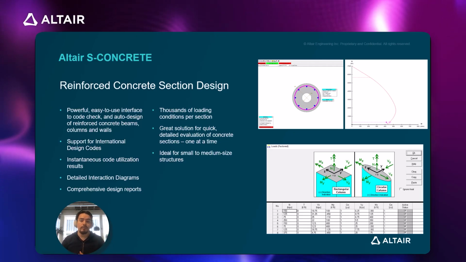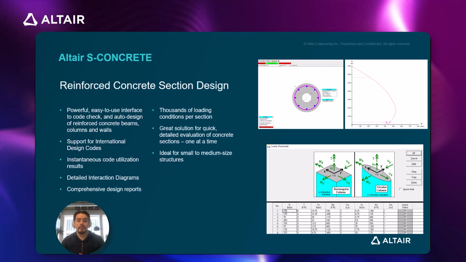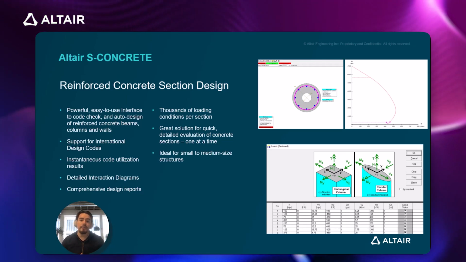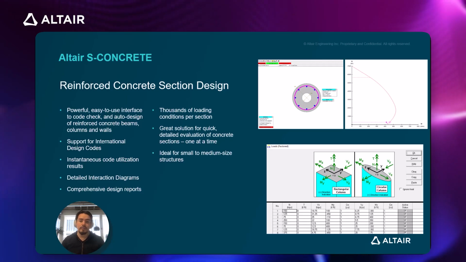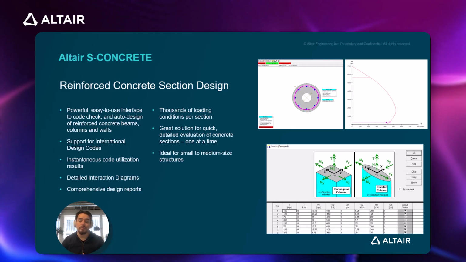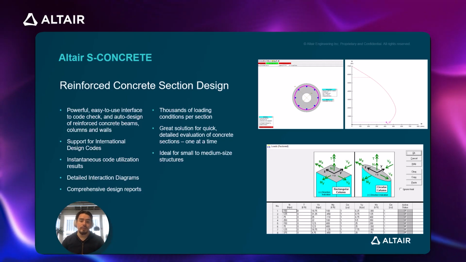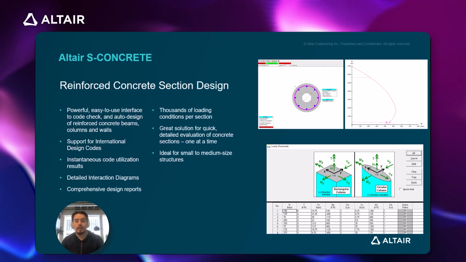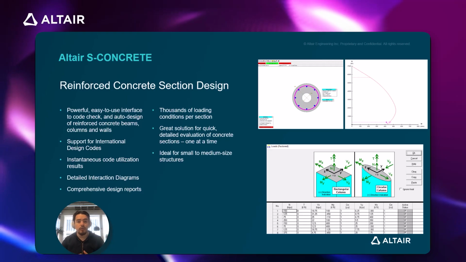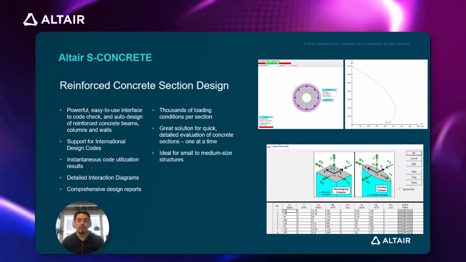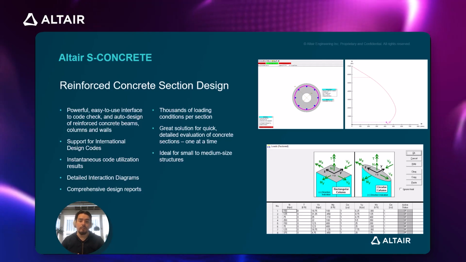This is all part of the section designer, and after you have executed a certain design or utilization, you can explore the detailed interaction diagrams that are produced after creating your section. All of this is summarized in comprehensive design reports that will always tell you what the engine is doing and what it's comparing it to.